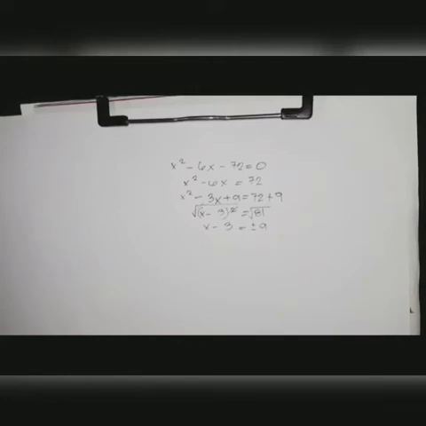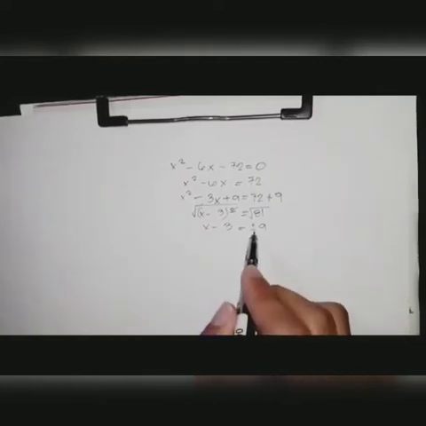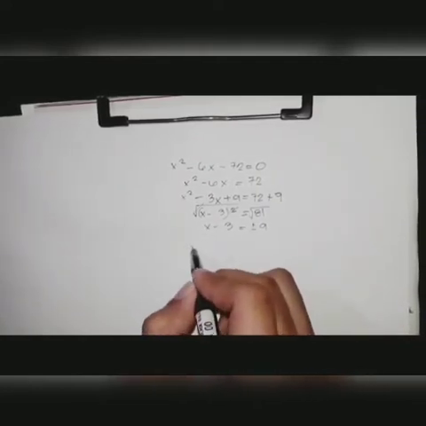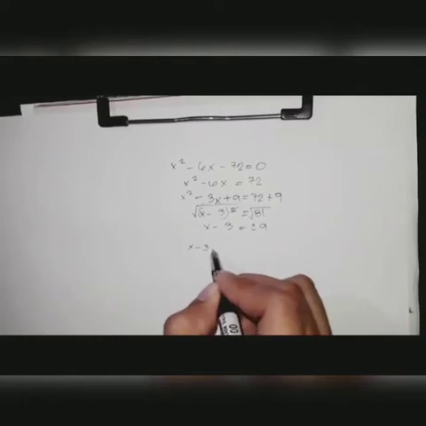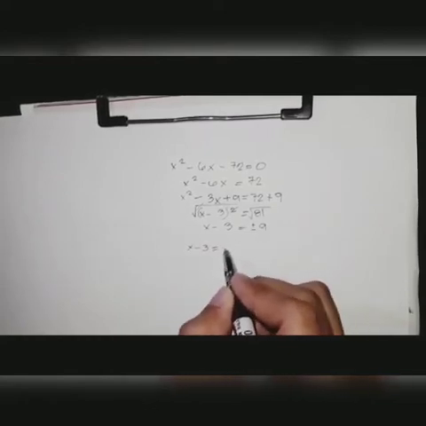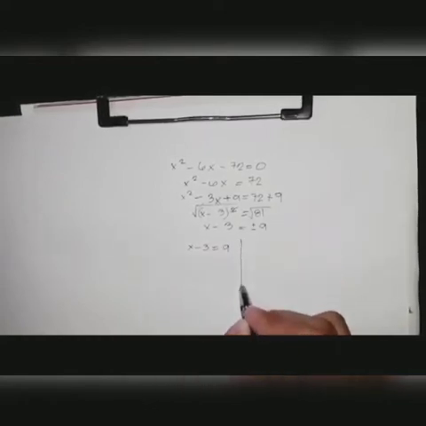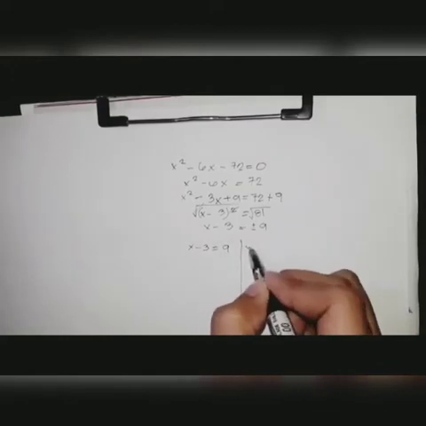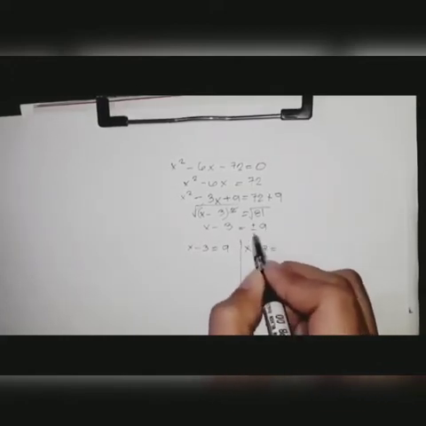So we should use this to find the roots. So we should break this out. This will become x minus 3 is equal to, first the positive 9. We should separate it. X minus 3 is equal to the negative 9.